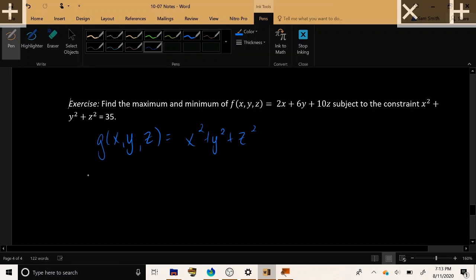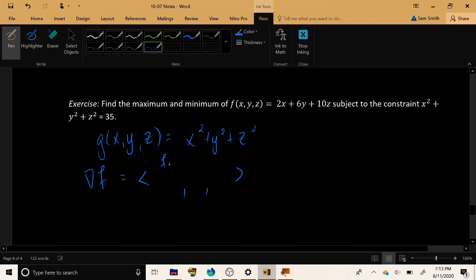So our journey begins by finding the gradient of f and the gradient of g. Now, the gradient of a function in 3 dimensions means exactly what you might expect at first glance. In the x position, the derivative with respect to x.